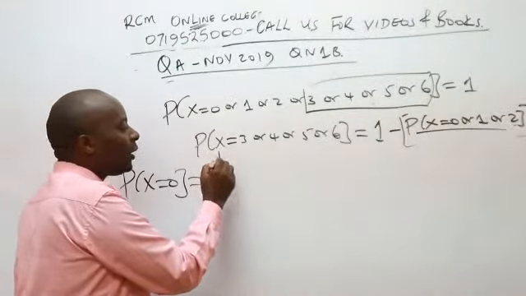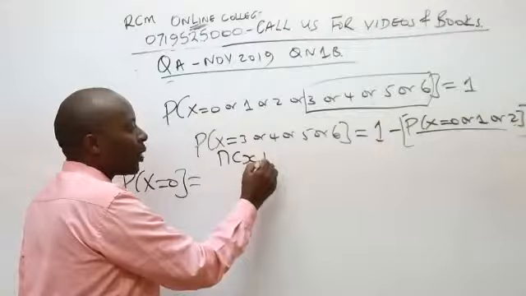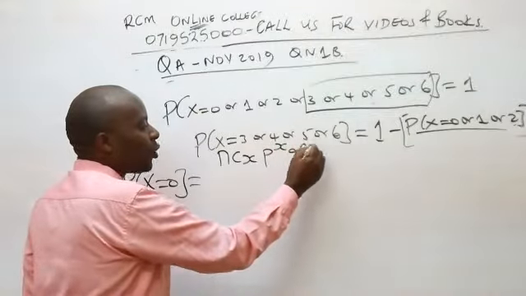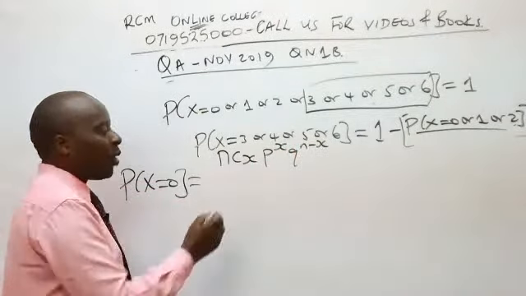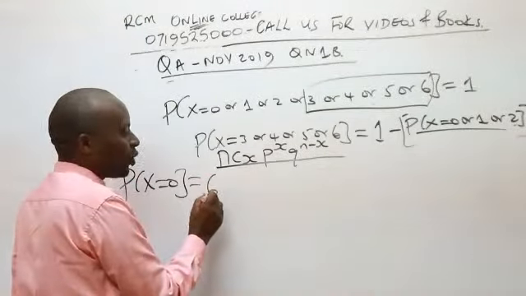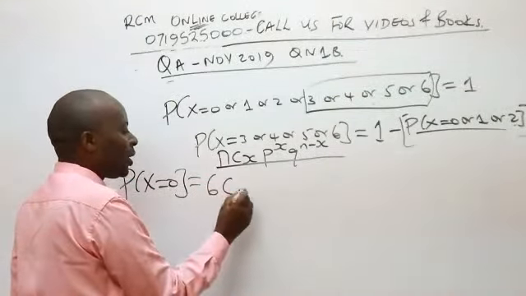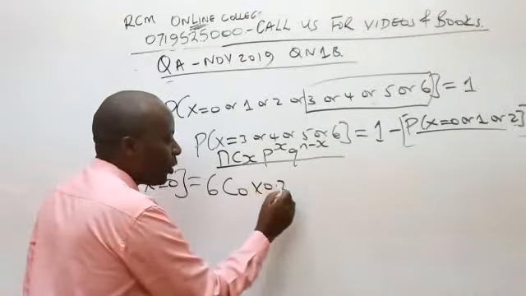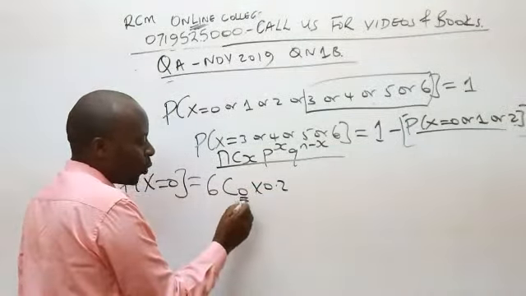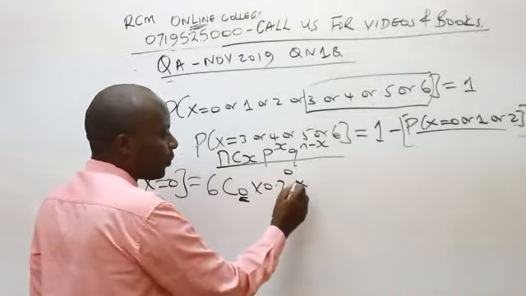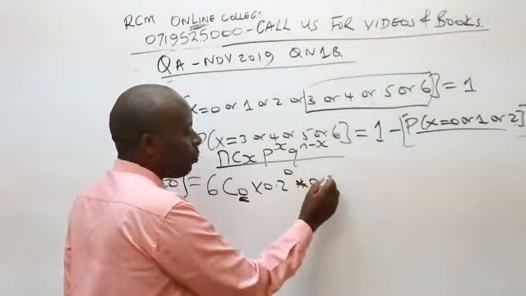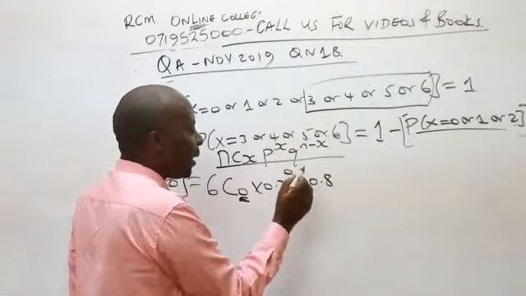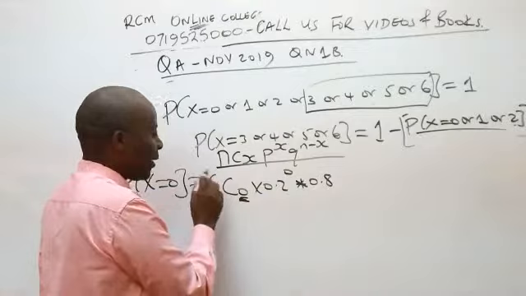Our model is the one that goes like this: n combinations X, P raised to X, Q raised to n minus X. So our n, ladies and gentlemen, here is 6. So 6 combinations 0. P, I hope you remember our P was 0.2. So 0.2 raised to this X, which is 0, times Q is 0.8. 0.8 raised to n.